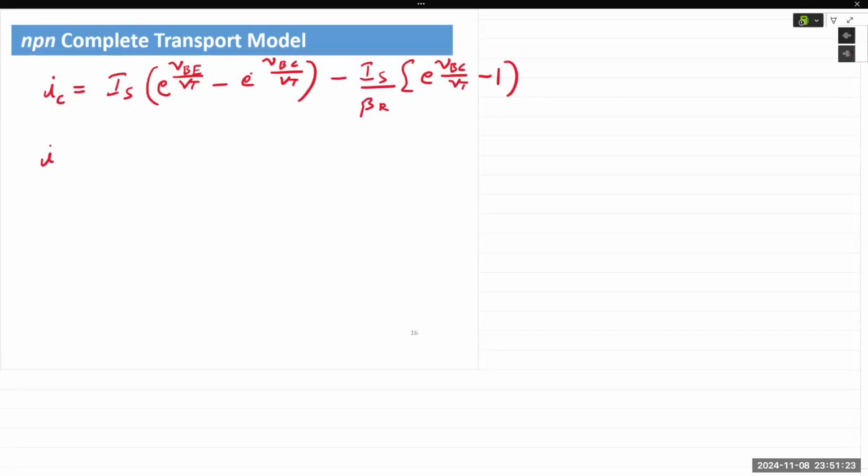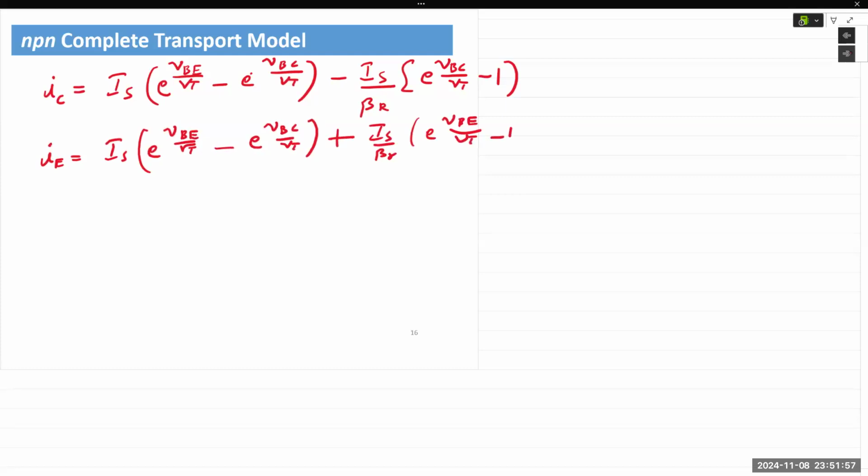Similarly, we can write IE is equal to IS times e raised to VBE over VT minus e raised to VBC over VT, and this time plus IS over beta R times e raised to VBE over VT minus 1.